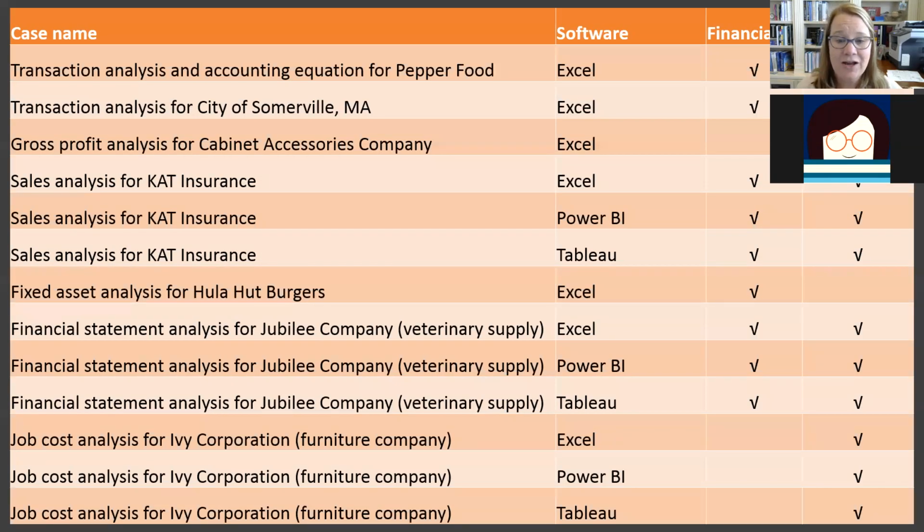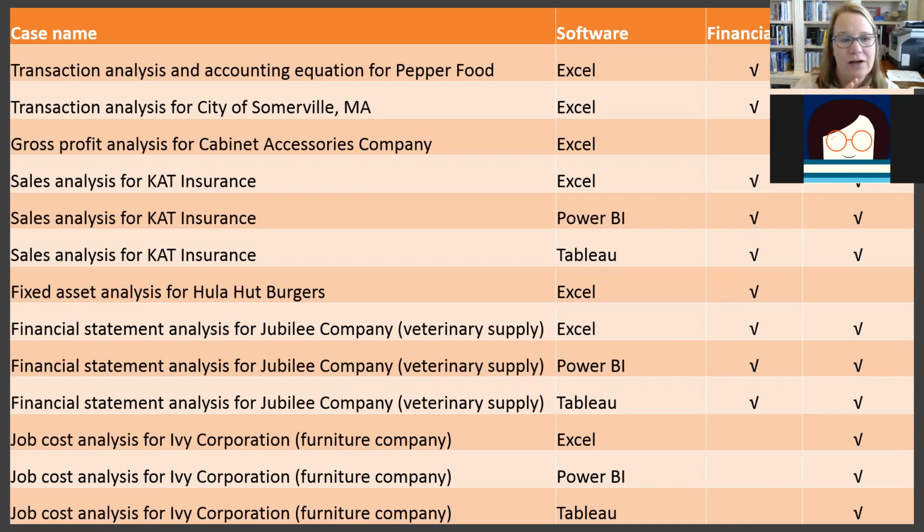Now here's a list of all the cases we have. You can see that we have several Excel cases. We have a transaction analysis and accounting equation case that's only for Excel. Great for the first couple of chapters in financial accounting.